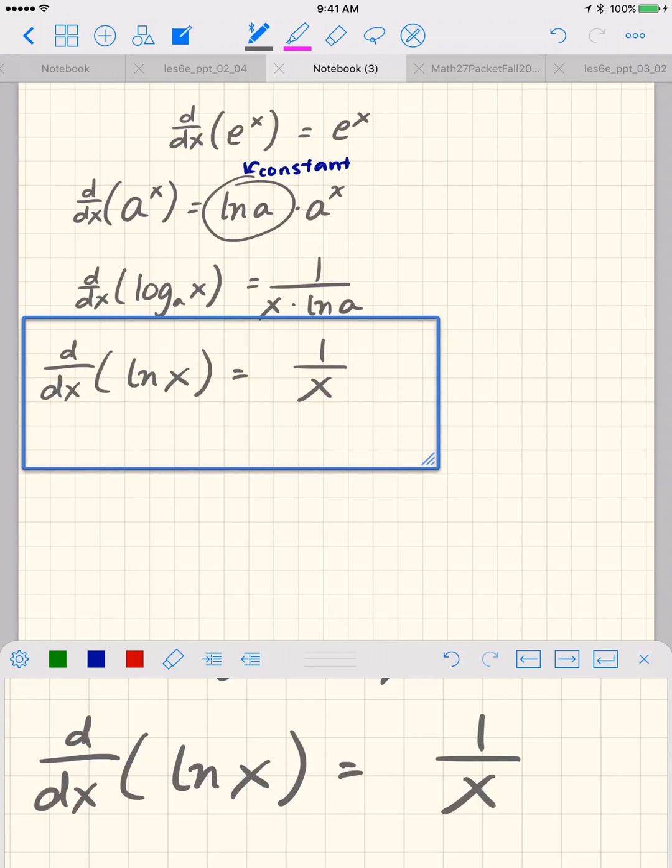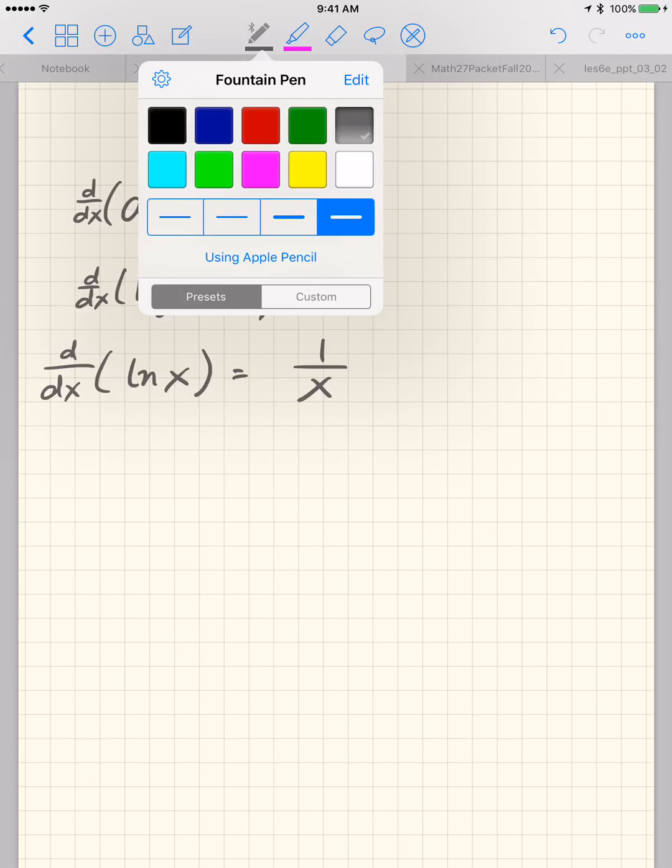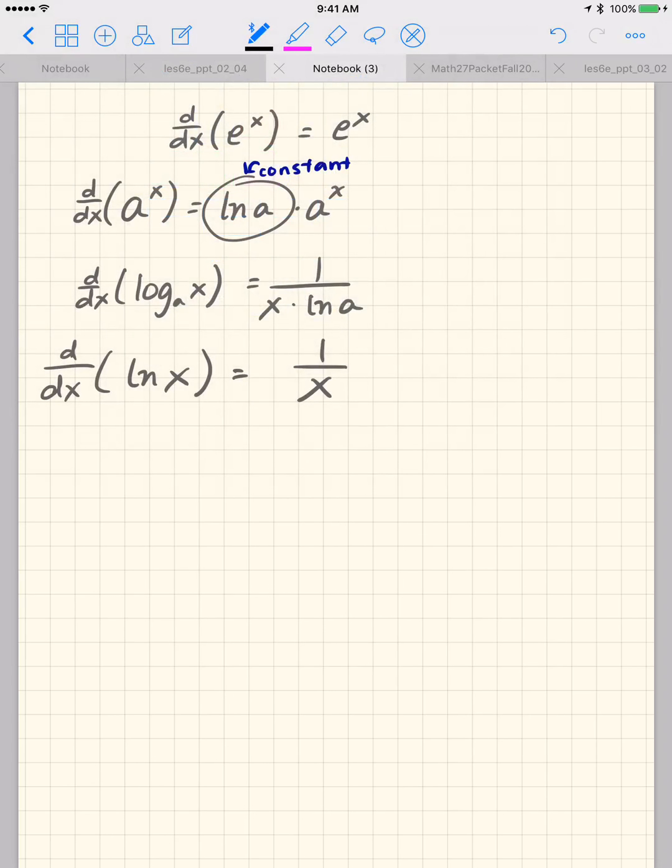Okay? So we'll have this is 1, 2, 3, and 4. Okay, so these are our derivatives so far.